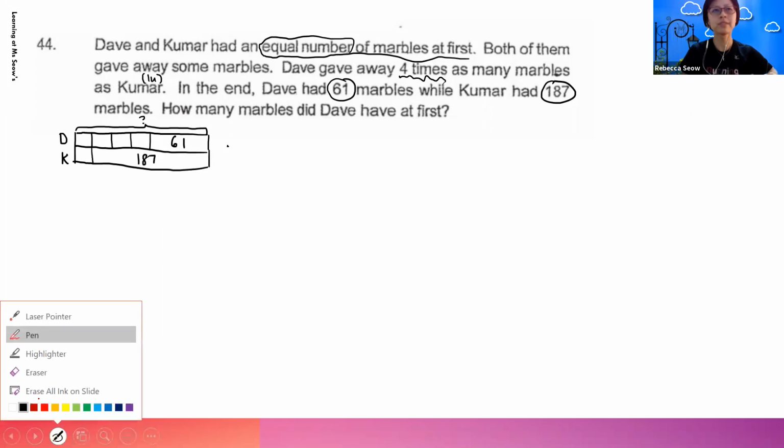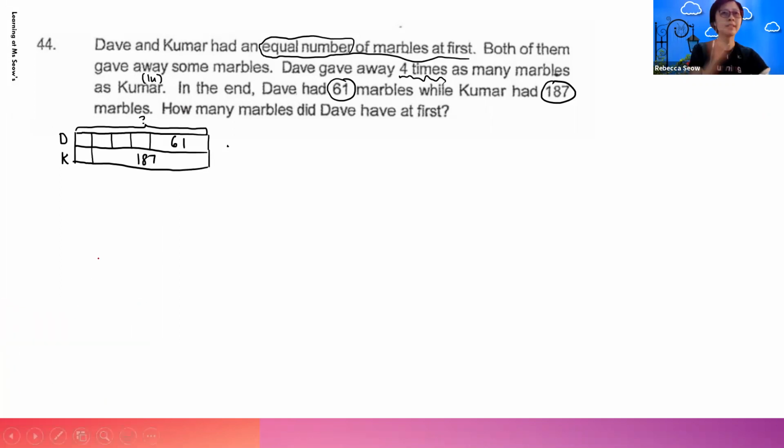So how do we go about solving this question? We have units, we have the values. If I were to draw a line here, to just focus on this portion, you'll realize that 187 is made up of 3 units and 61. So this also means that 3 units is actually 187 take away 61.